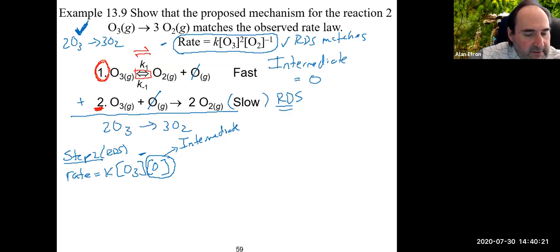So the first reaction here is actually a reversible reaction. It has a forward direction and a reverse direction. Sometimes they may even say equilibrium next to it. And once it reaches equilibrium, the rate of the forward reaction, like we talked about many times, will equal the rate of the reverse reaction. So we can write a rate law for our first step.